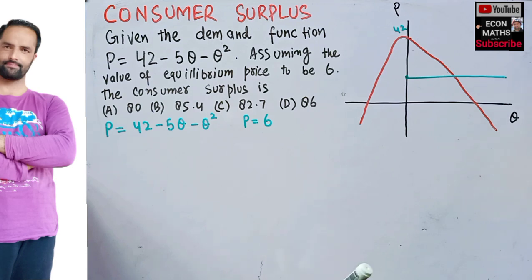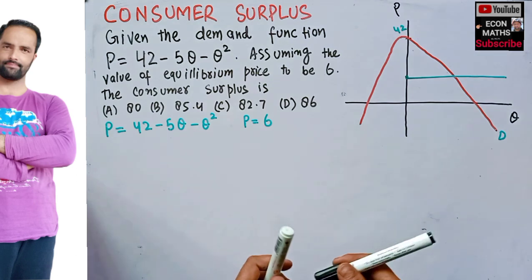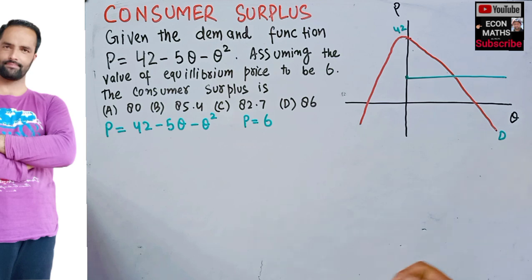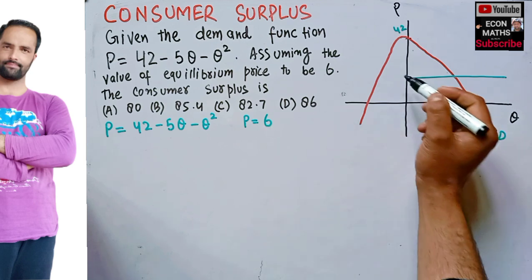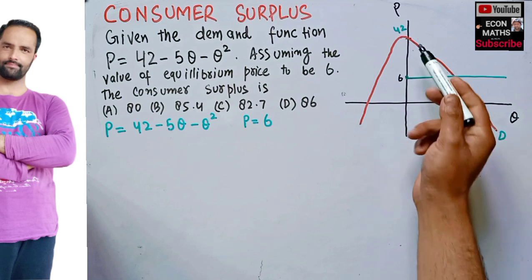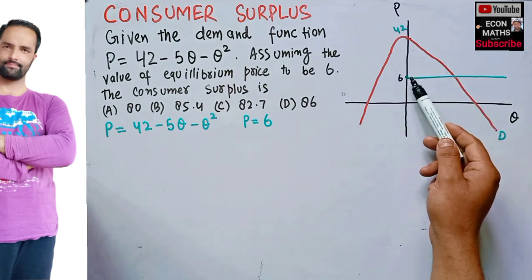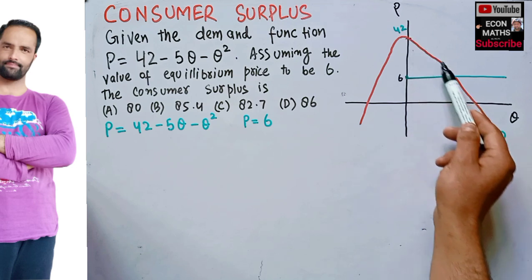We need to find out the consumer surplus. What is consumer surplus? Consumer surplus is simply the difference between the price that a consumer is willing to pay and the price that he is actually paying. Actually he is paying 6, and the consumers will be willing to pay more than 6 because this is the demand function.